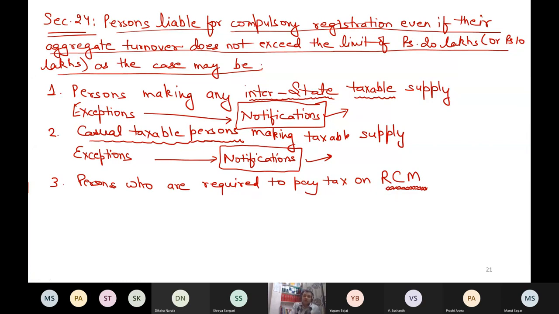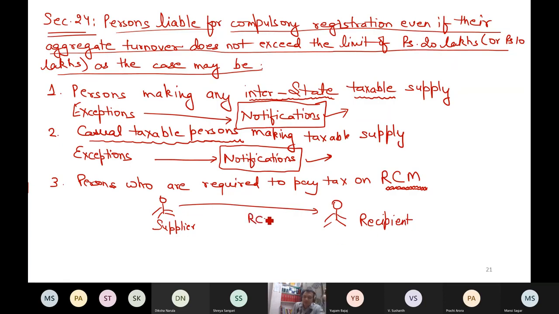And of course, it is logical also because if I am the supplier and if I am making any supply to this recipient, and if this supply is covered under reverse charge mechanism cases, then whose obligation is it to deposit the tax with the government?